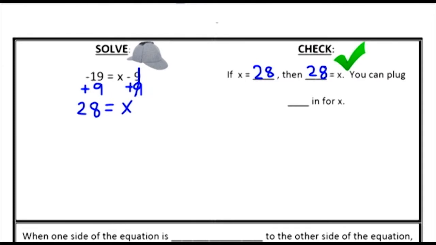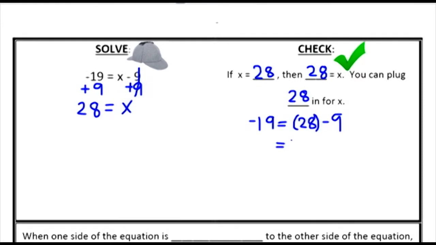I'm going to rewrite my equation. Negative 19 equals something. Remember, leave a blank here so you can plug whatever your solution is. Minus 9. 28 gets plugged in. 28 minus 9 is 19.